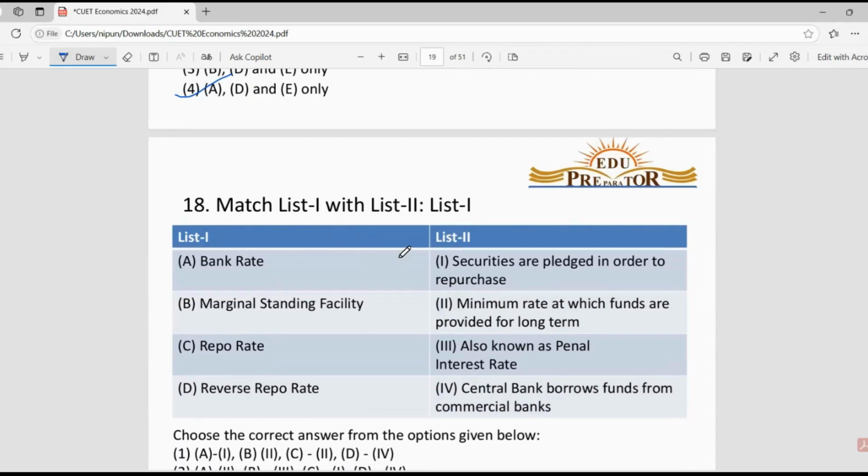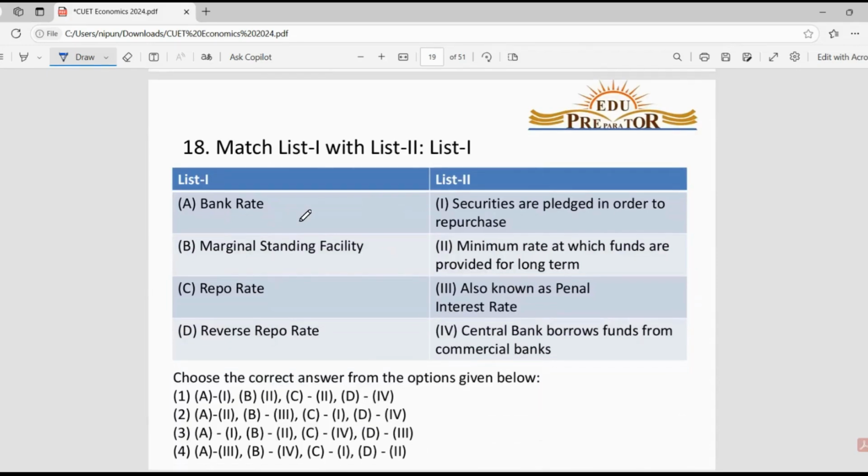Let us move to question number 18. Match list 1 with list 2. Bank rate. What is bank rate? We are aware it is the rate at which the central bank lends the money to commercial banks, right? And repo rate is the rate at which securities are pledged by the commercial banks with the central bank for repurchase. We also know that reverse repo rate is the rate at which the central bank accepts the deposits from commercial banks. So, with D, we have option number 4.